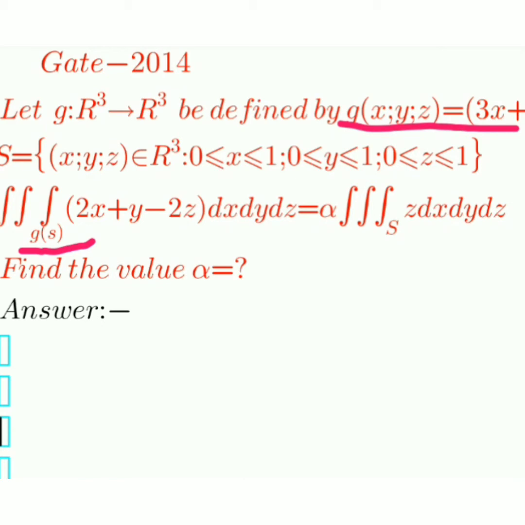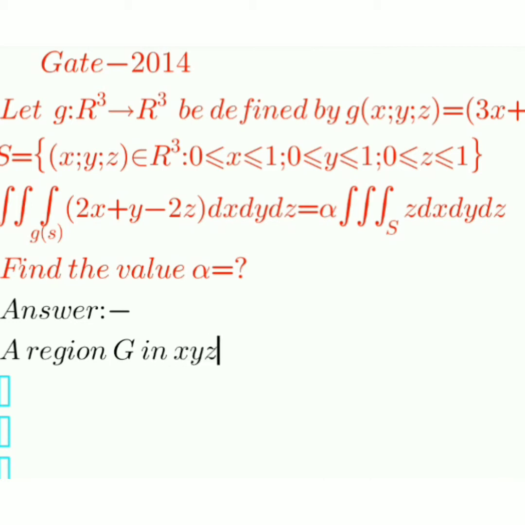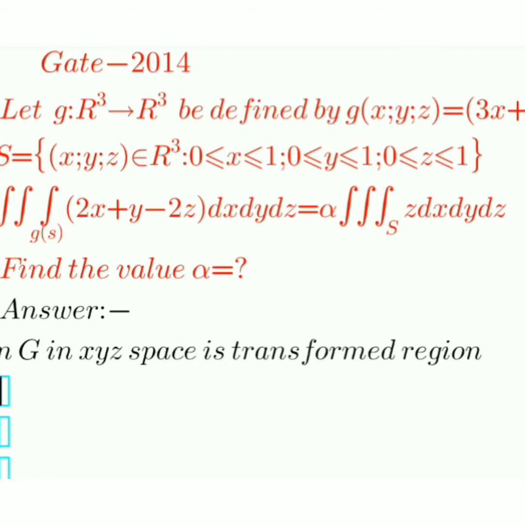We will know that a region capital G in x, y, z space is transformed into a region D in over space.